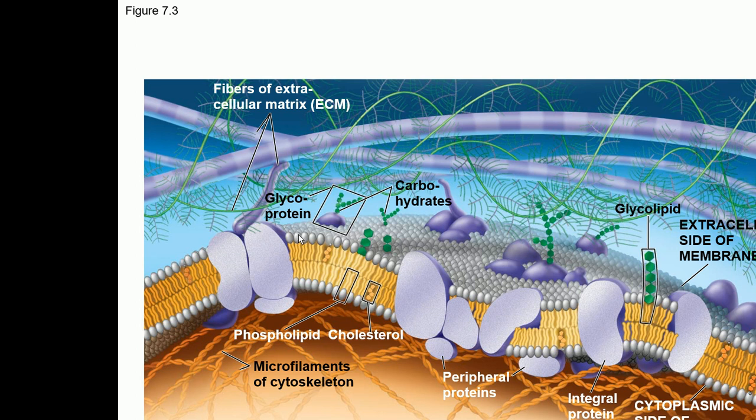You can see the cholesterol which is embedded in the phospholipid bilayer. And also there are some sugar chains which are either attached to the lipids, or attached to the proteins. When the sugar chains are attached to proteins, they are called glycoproteins, and when they are attached to the lipids, they are called glycolipids. So these are the four components of the plasma membrane.